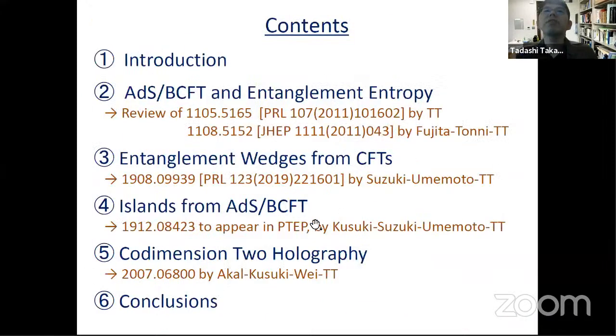So this is a simple introduction, and I'd like to go to the main topic of this talk. First, we give some review of AdS/BCFT and the computation of entanglement entropy and the structure of entanglement wedges, which is a very interesting recent application.